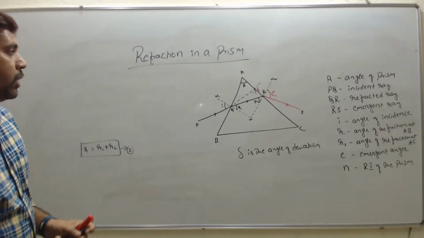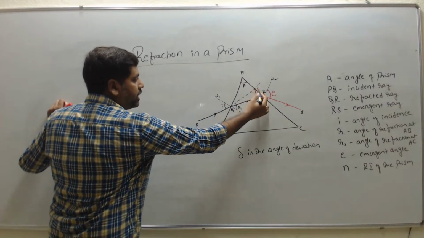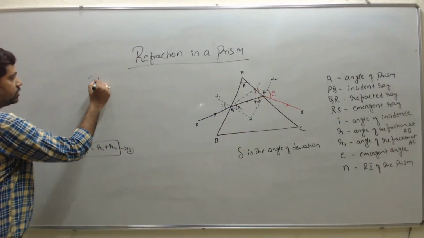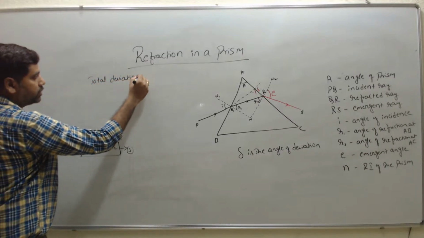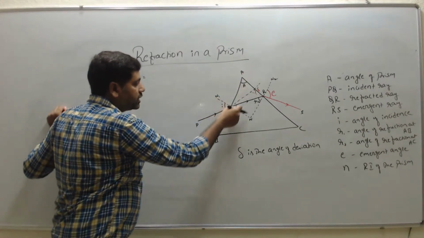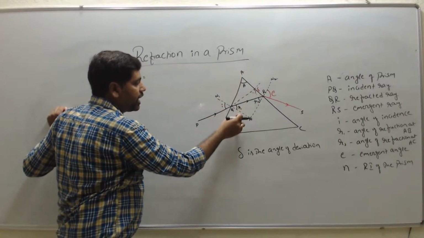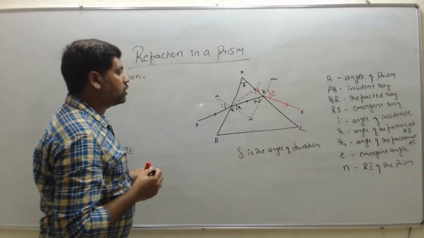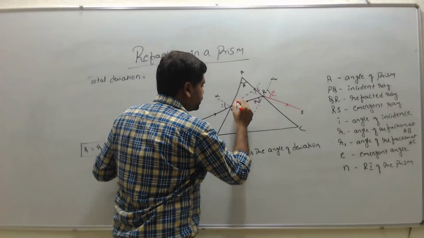Next, the total deviation. Here the deviation angle is delta, the total deviation, which equals the sum of the deviations that take place at the two surfaces. This is the first surface AB, where we have a deviation, and at the surface AC we also have one deviation.